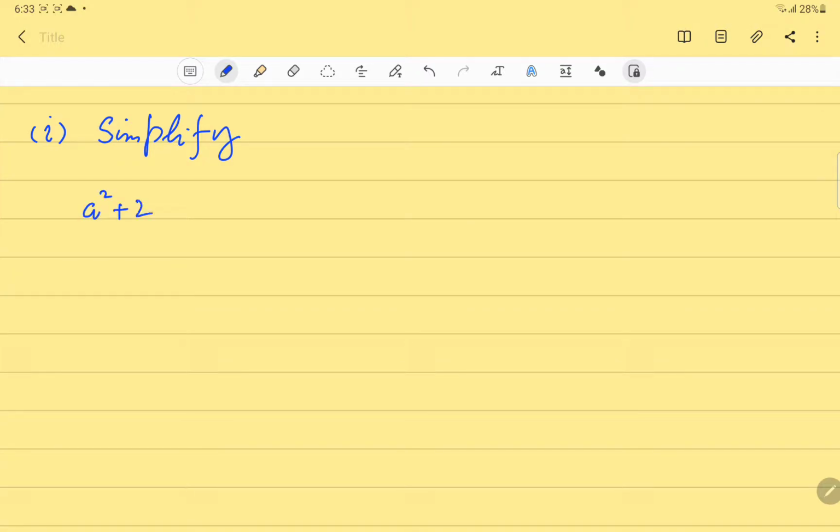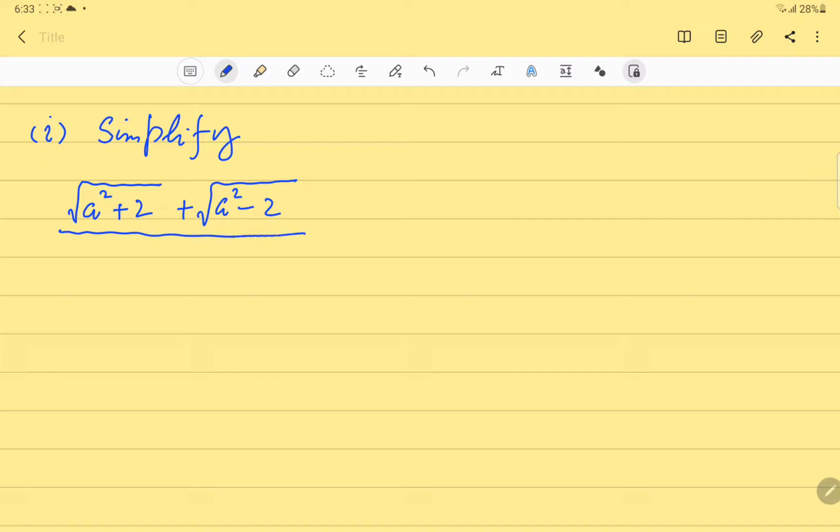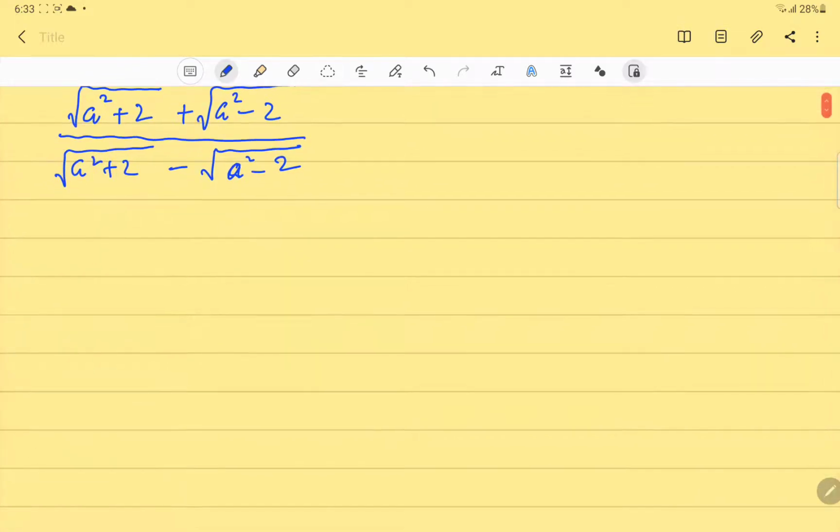The expression is square root of a squared plus 2 plus square root of a squared minus 2, over square root of a squared plus 2 minus square root of a squared minus 2.